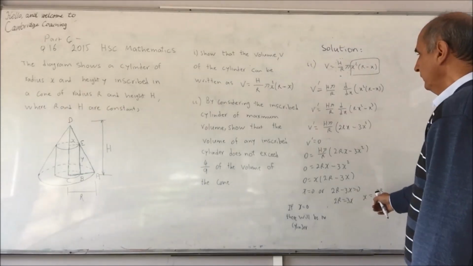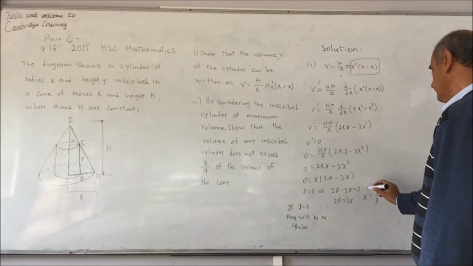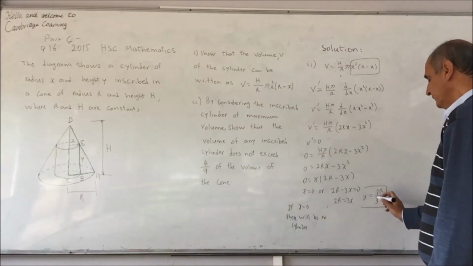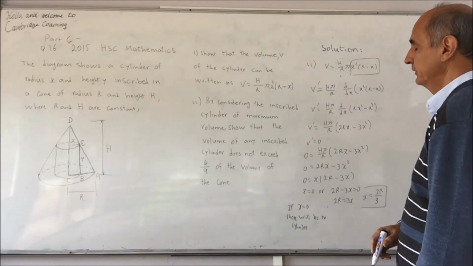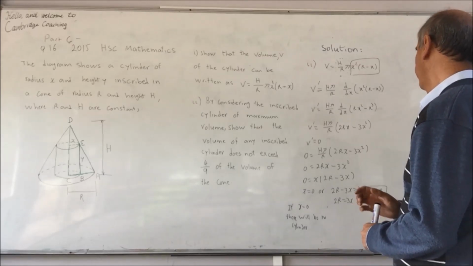But for the other one, obviously we are going to have a cylinder, which is x equal to 2/3 of the radius of the base of the cone.